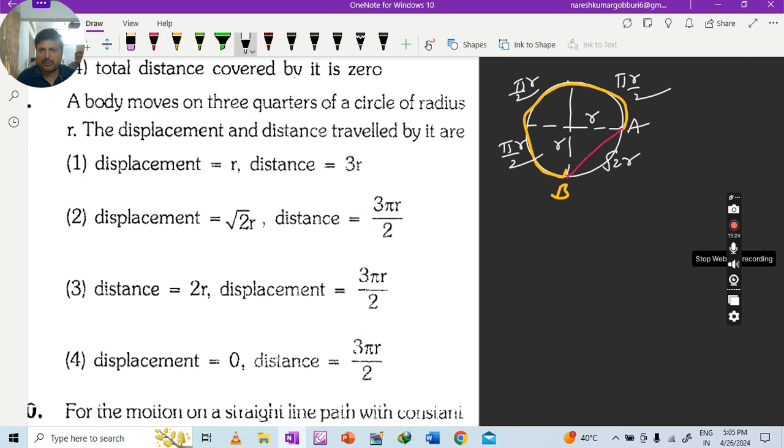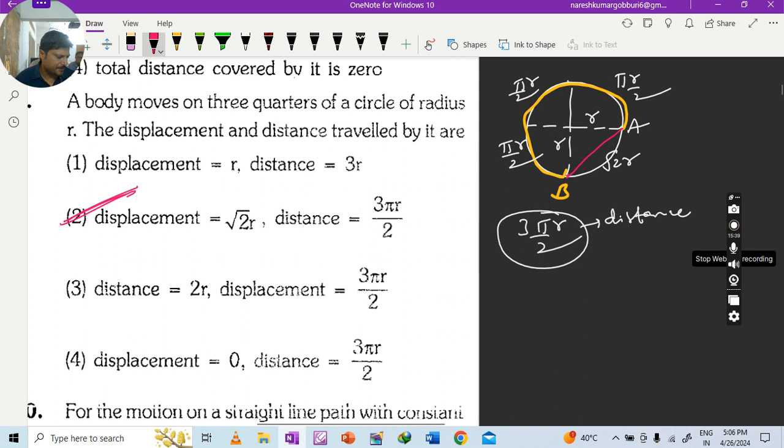So the total distance covered is 3 pi r by 2. So 3 pi r by 2 is the distance, and displacement is root 2 r. So check the options. Option 2 is the right answer.